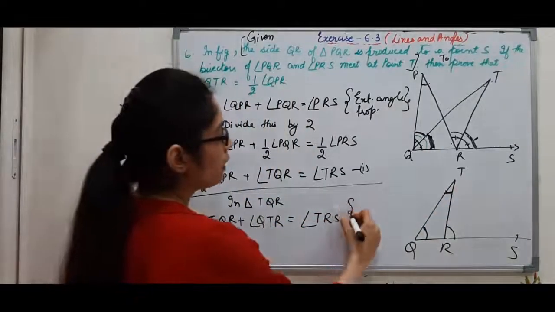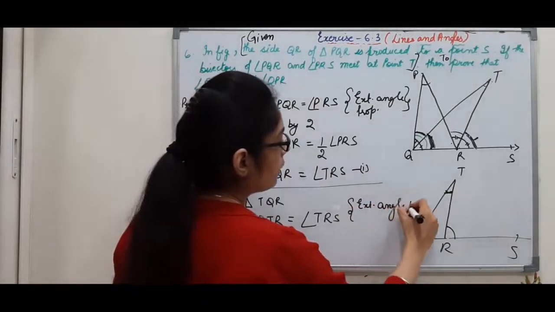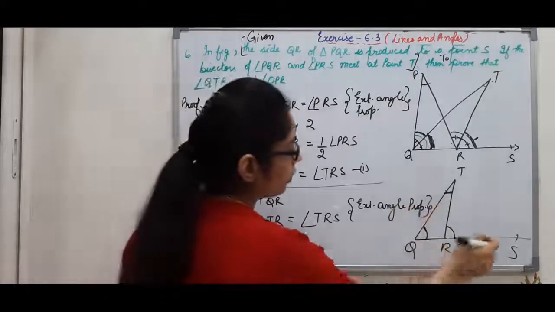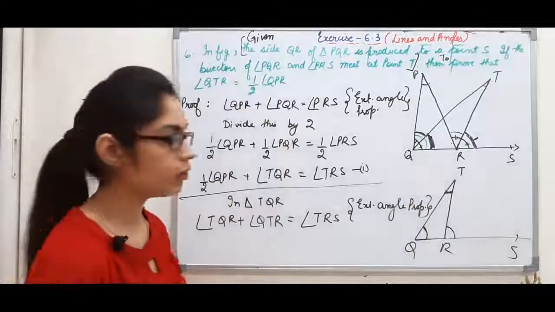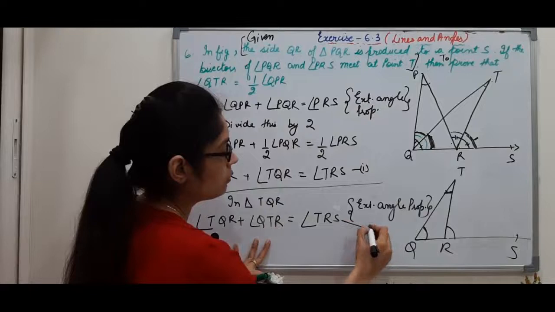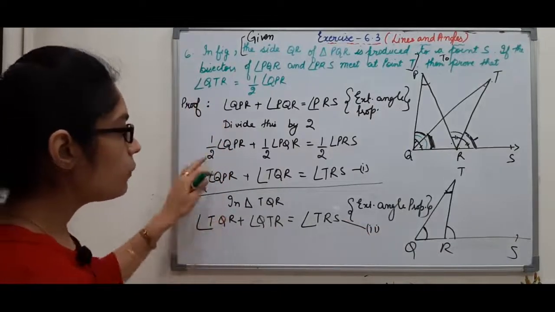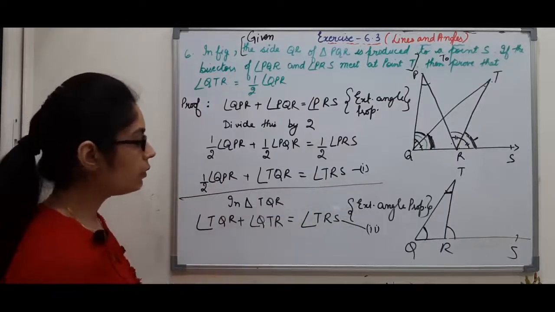According to the exterior angle property, the sum of the two interior opposite angles is equal to the exterior angle of the triangle. This theorem we have already proved at the start of the exercise, so now we are using that result. We will mark this as point number 2. From 1 and 2 you can see both of these are equal to TRS.